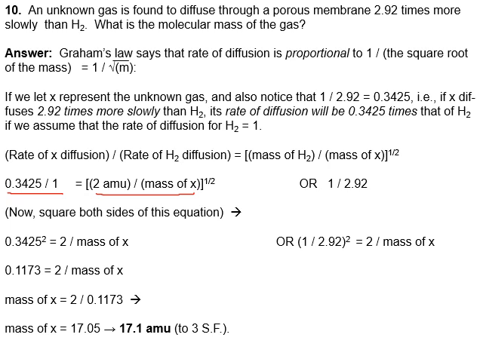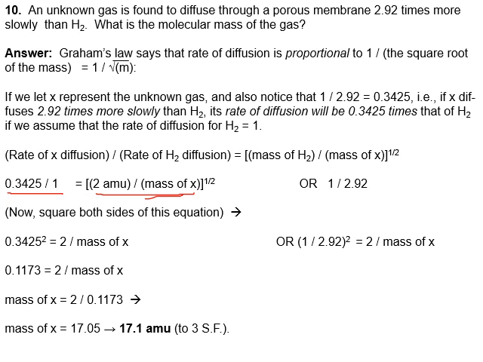So the mass of the H2 over the mass of the unknown gas, which is what we're trying to find right here, is going to be the same ratio as the rate of diffusion of the gas, which is going to be roughly 1/3 as much as the rate of diffusion of the hydrogen.